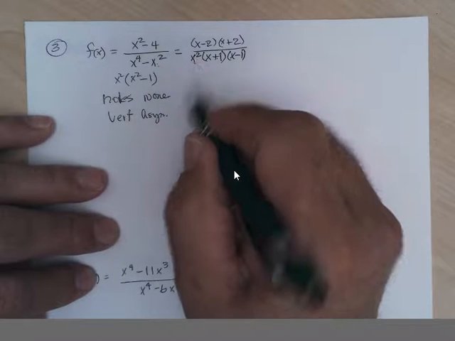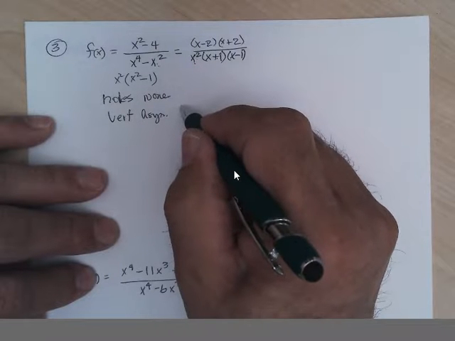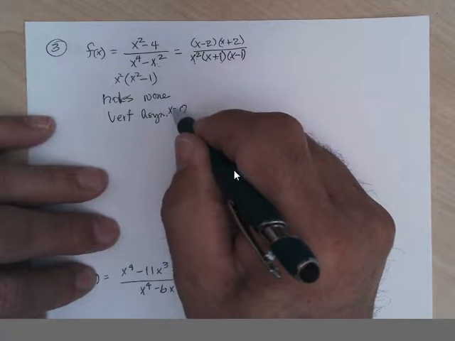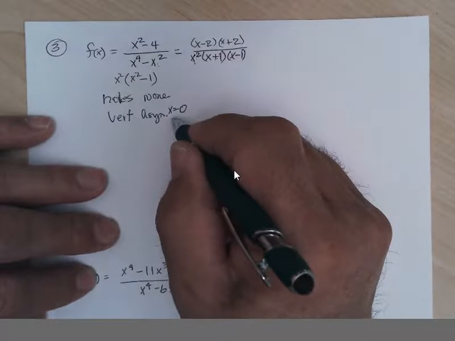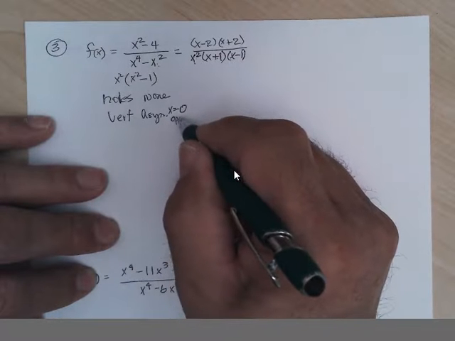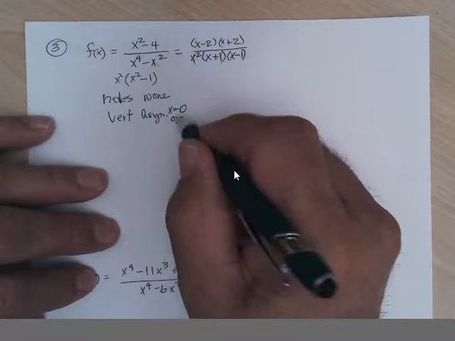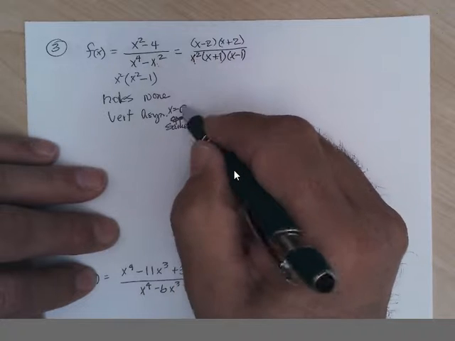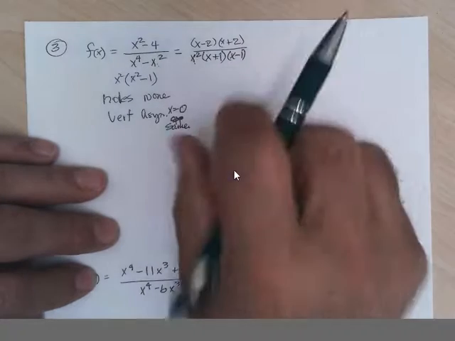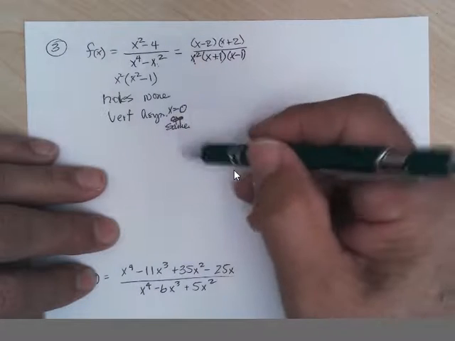And so there's going to be one at 0 because of the x squared, and it's a double, so they're going to both either go up, or both go down.